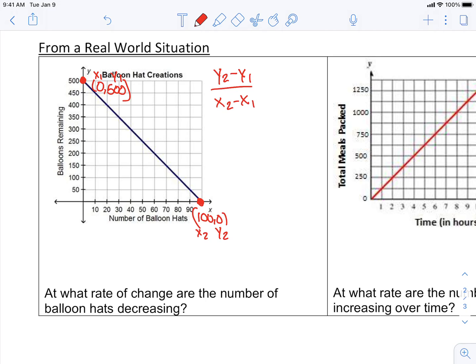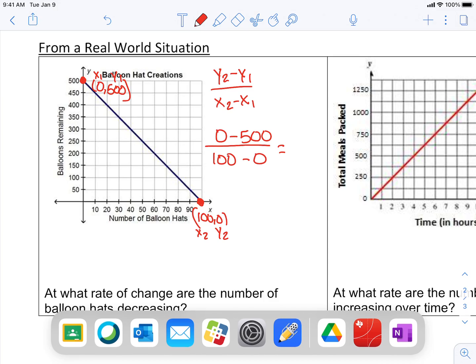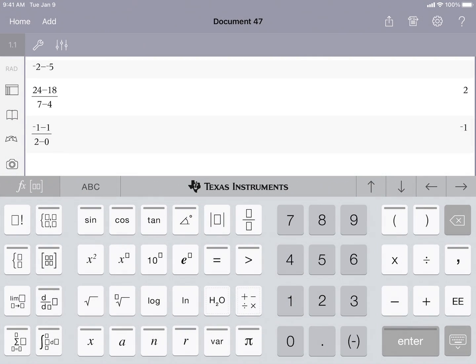So my y2 is 0 minus my y1 of 500 over my x2 of 100 minus 0. Okay, and we type that into our handy dandy calculator. So 0 minus 500 and 100 minus 0. And I get -5.